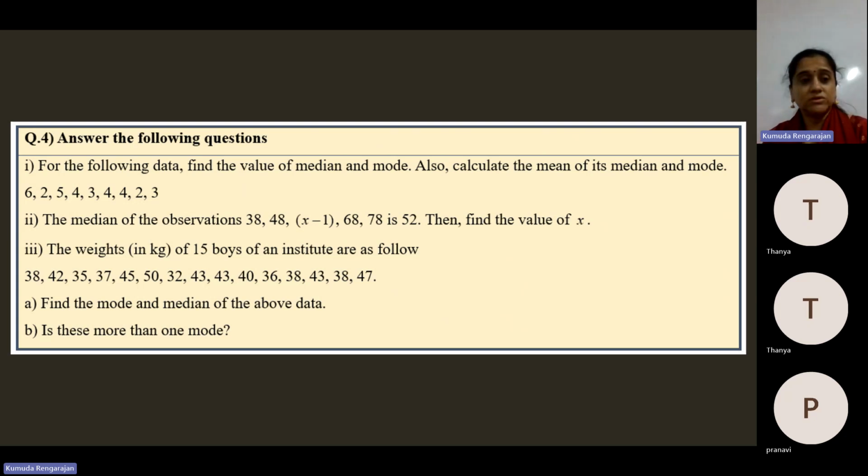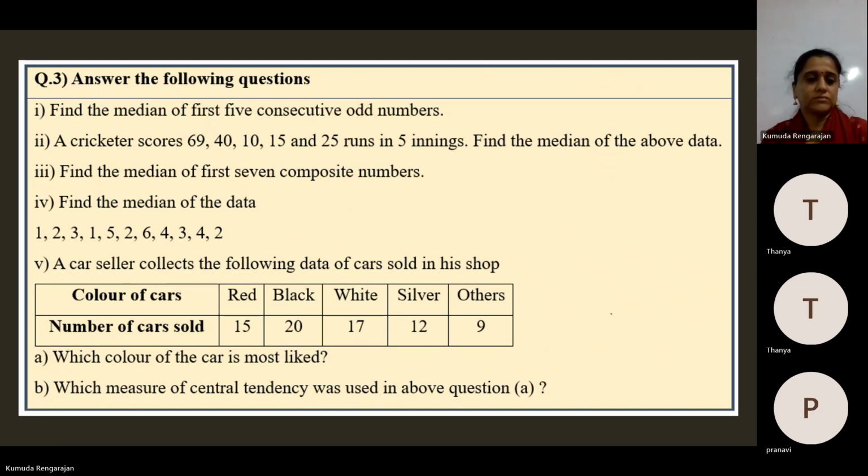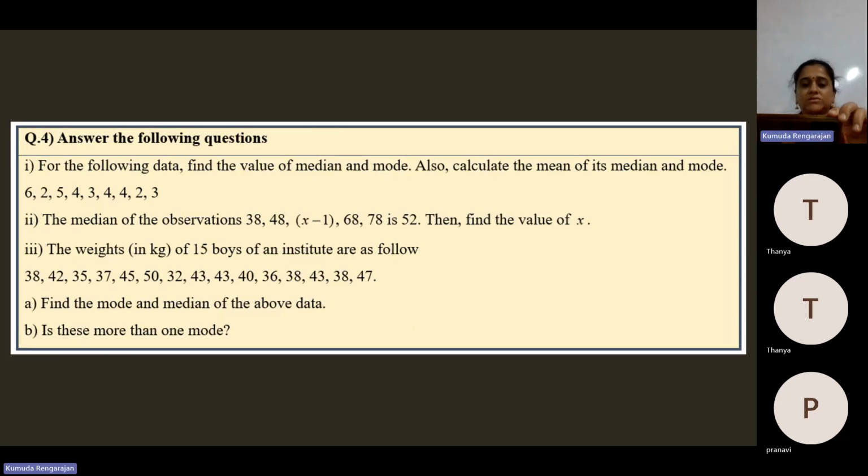We have in question number 3 and 4, we have a few sub questions. One minute, I'll just send this image and come back to the earlier slide.